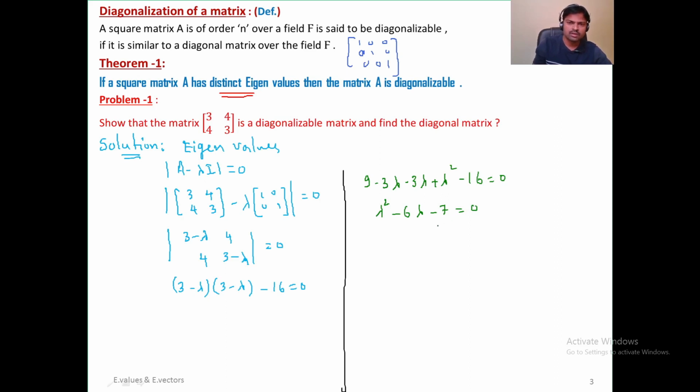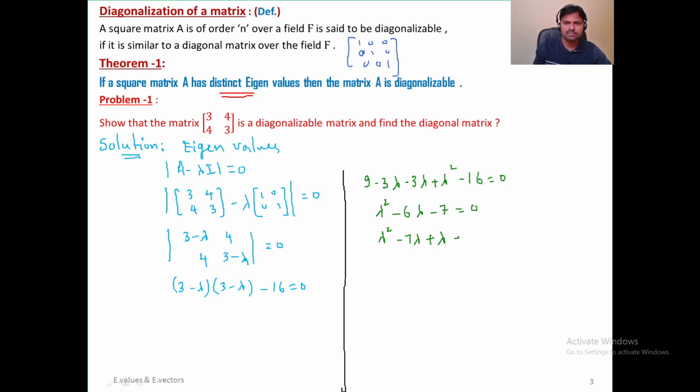Let us find the eigenvalues. You can factorize or simply use the formula minus b plus or minus square root of b square minus 4ac. Here I am using the concept of factorizing. So I write minus 7 lambda plus lambda, so that if you add them, you get minus 6 lambda, and if you multiply, you get minus 7.